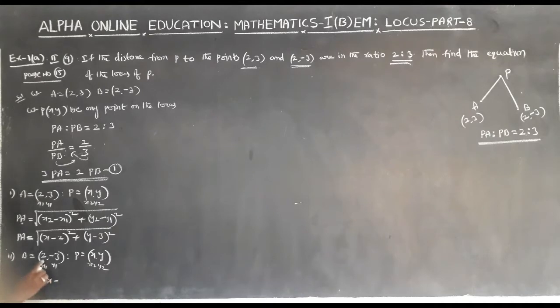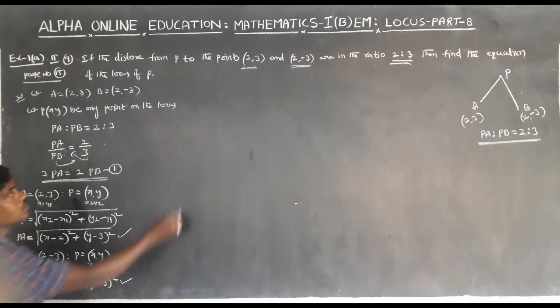PB is equal to under root of (x minus 2) whole square plus (y minus (-3)), minus into minus plus, so y plus 3, whole square. This is the PA value. This is the PB value.